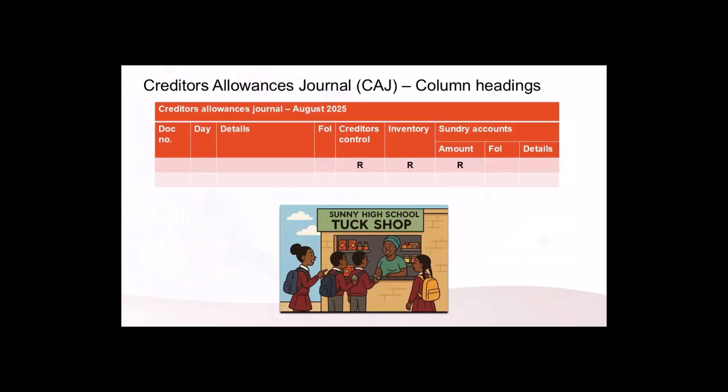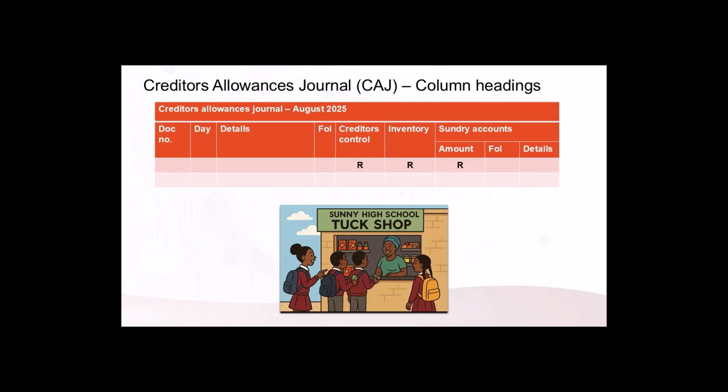Let's look at the columns for the creditors allowances journal. We will have the date, where we will record the date on the credit note. Details, where we will record the supplier name. Document number, where the credit note number from the supplier will be recorded. A creditors control account, where the total refund that we received will be recorded.